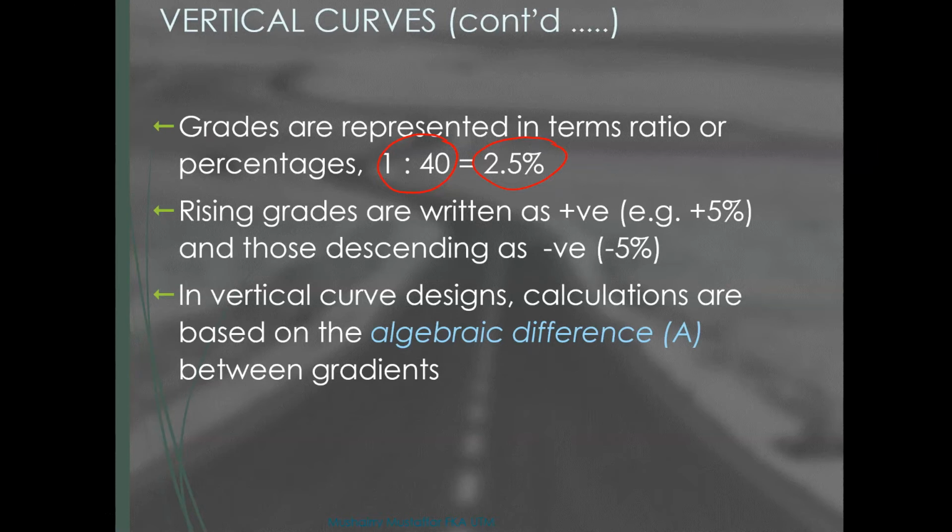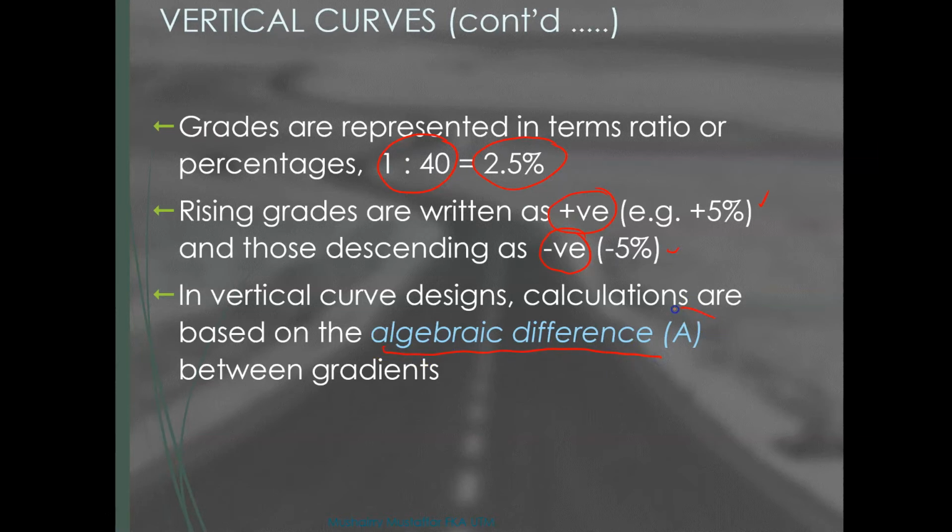Rising grades are written as positive, and descending grades are written as negative. So we could have, say, plus 5% rising grade, or minus 5% for descending grades.